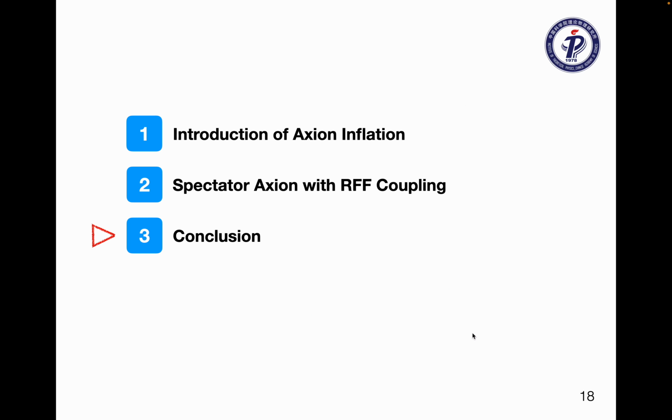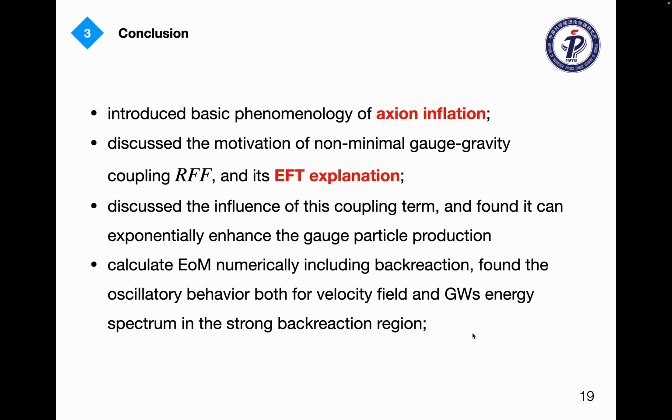So finally, let me make a conclusion of this talk. I first introduced some basic phenomenology of axion inflation, and next I discussed the motivation of the non-minimal gauge field gauge gravity coupling RFF used in our study, and explained it from the effective field theory point of view.